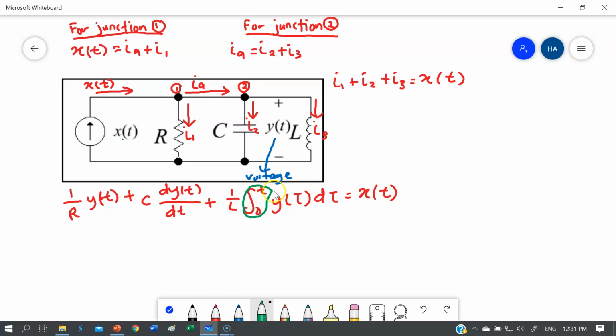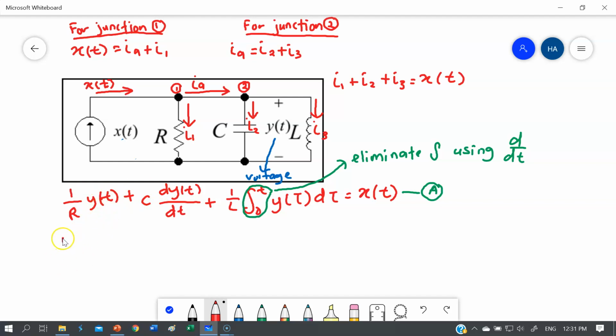We want to eliminate this integration using differentiation, d over dt. If we differentiate the whole equation, say equation A, we will get a new one. This one is y of t.